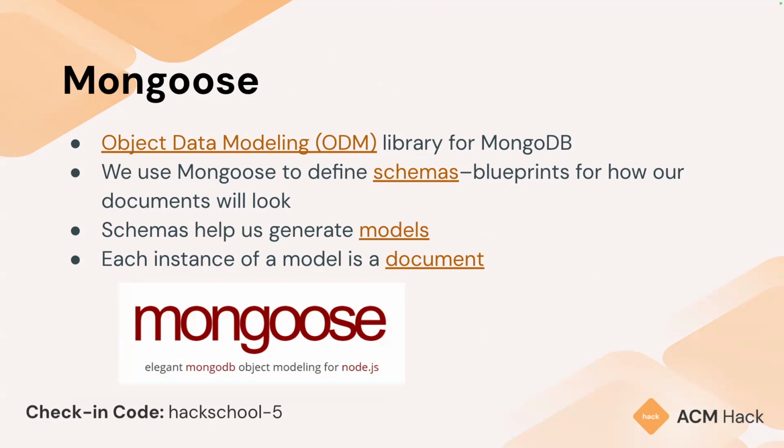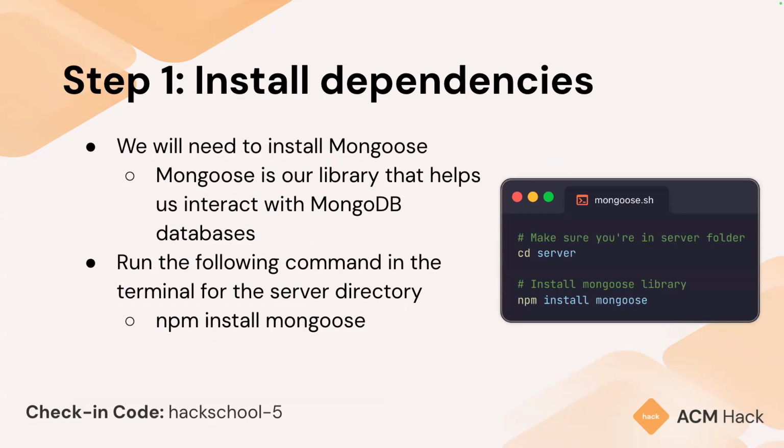By using Mongoose, we get code that's more readable and easier to reuse, and it's easier to manage and query our data. Mongoose does this by having schemas, which we'll talk about after we do this.